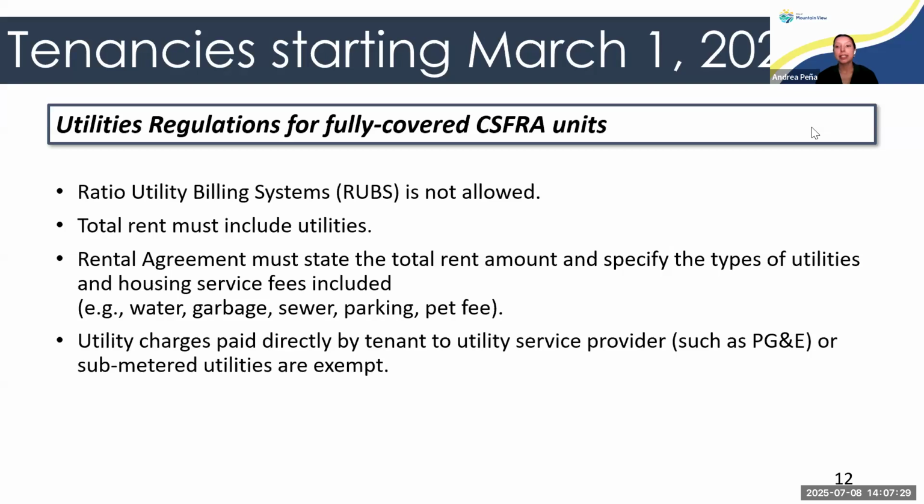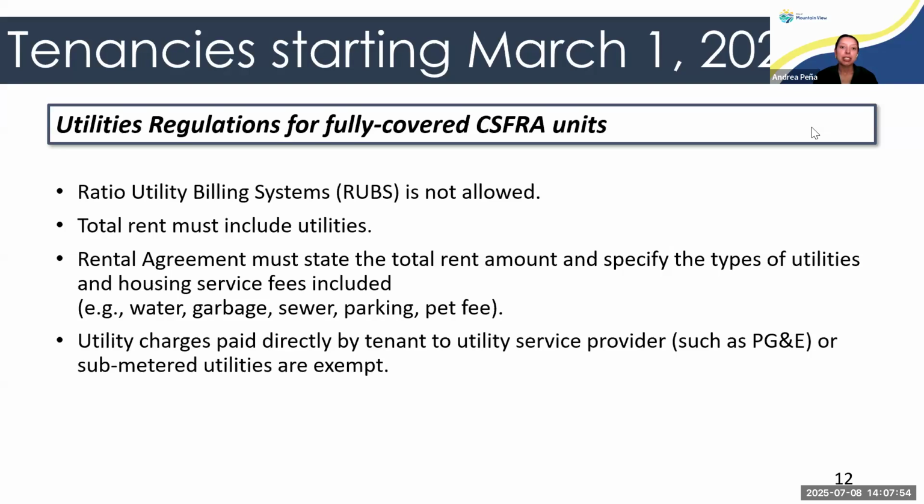So for tenants, their total rent should include the cost of utilities such as water, sewer, trash. Things like PG&E that are submetered, meaning that the tenant is able to see how much they have used of that utility and therefore are responsible for that payment, that is okay, that can continue.